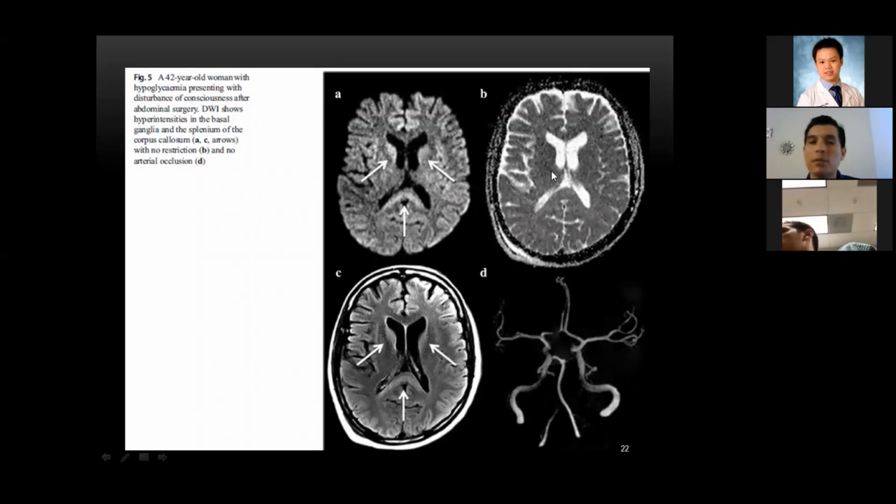So maybe this could be a better prognosis and another kind of lesion. And this is another lesion that you can see in the splenium of the corpus callosum. And this is again white matter. In this case, if white matter doesn't have ADC correlation, this could be something that can recover.